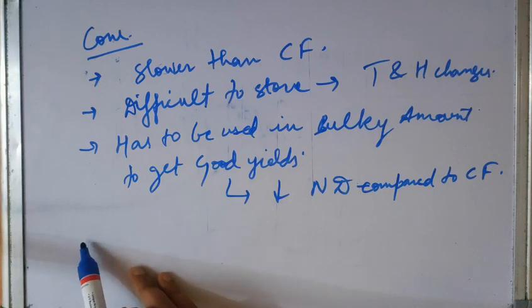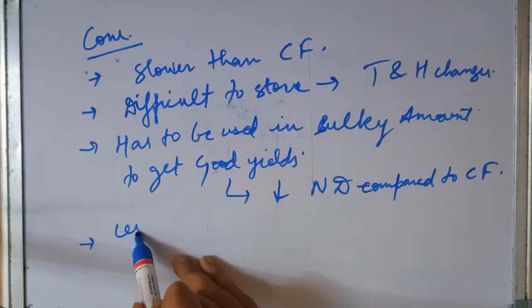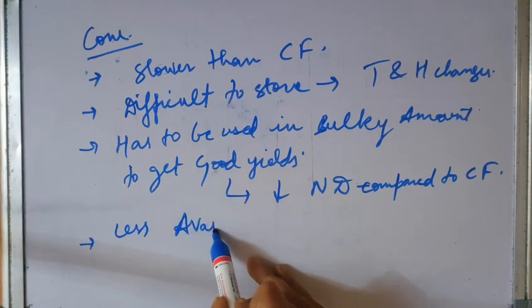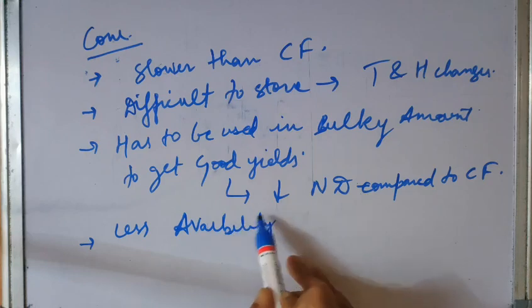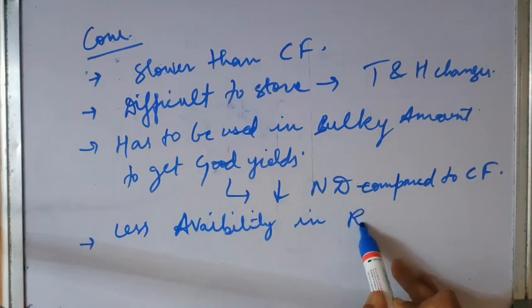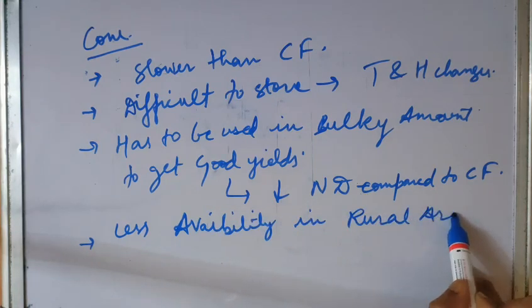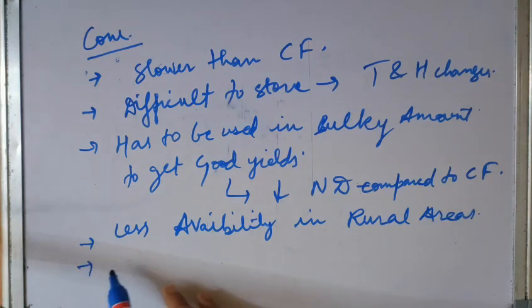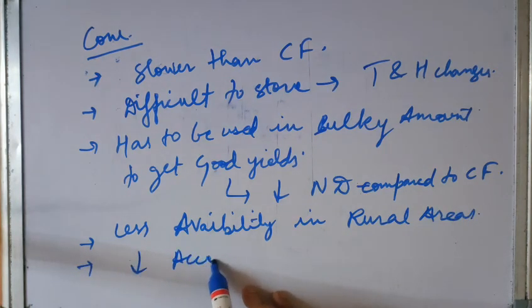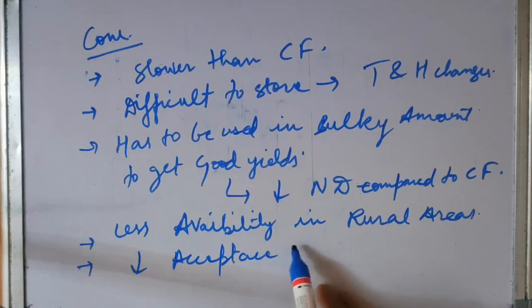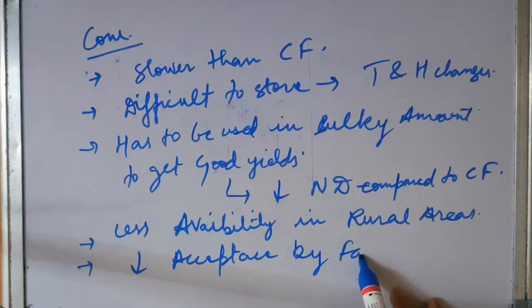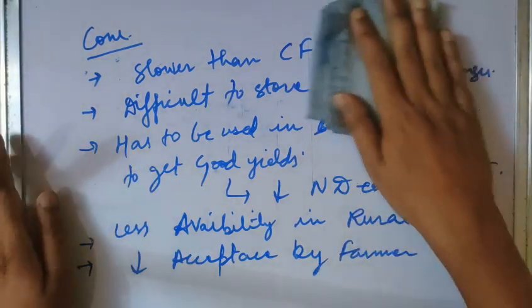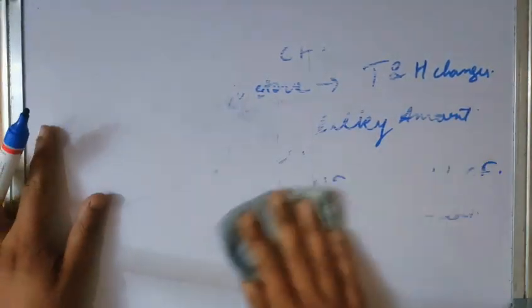Less availability in rural areas. Less acceptance by farmers. Farmers find it easy to use chemical fertilizers as compared to biofertilizers. So these were the pros and cons of biofertilizer.